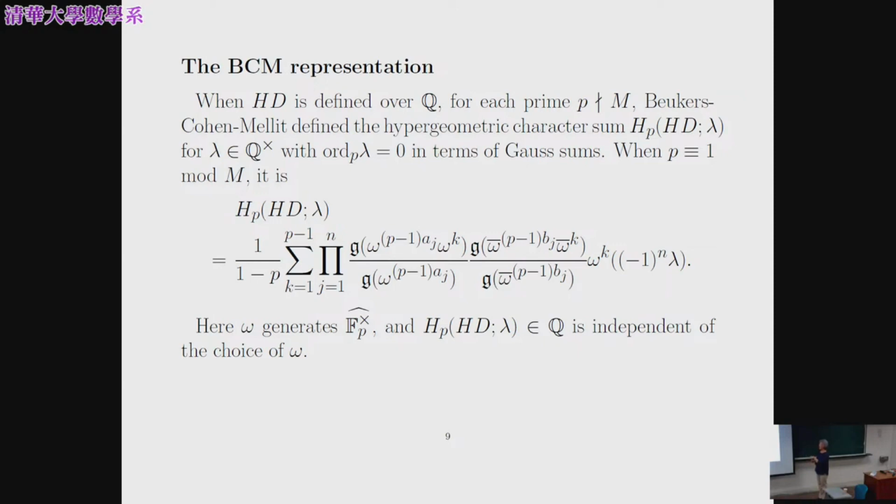But the Gauss sum has the property that if you replace a character by its inverse, then you can flip the order. So this part corresponds to the Pochhammer symbol of the b_j k part. Then you take the product, and instead of the infinite sum, now for the finite field case, it's only a finite sum. So this is very similar. So I give you some flavor of the hypergeometric character sum.